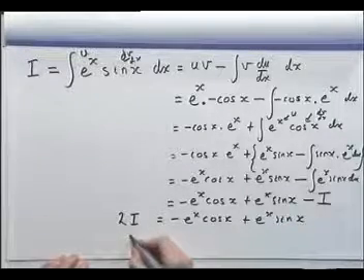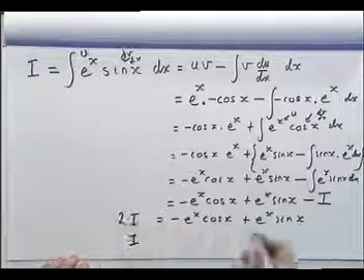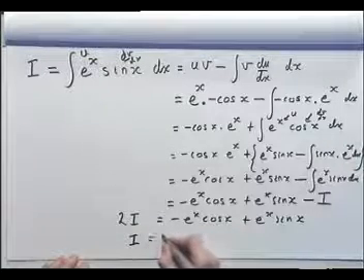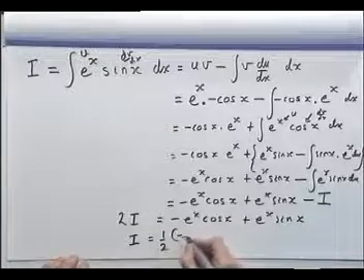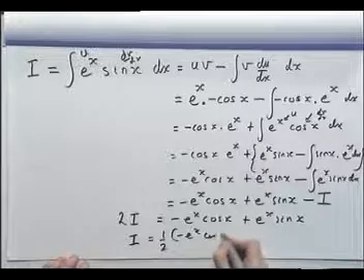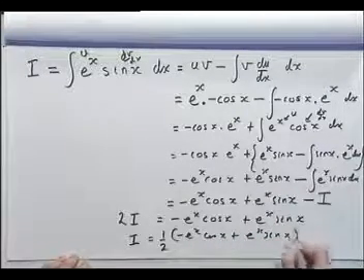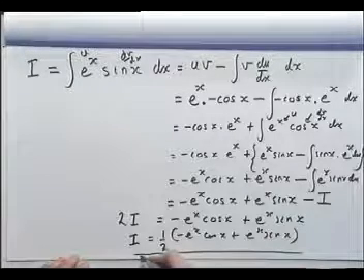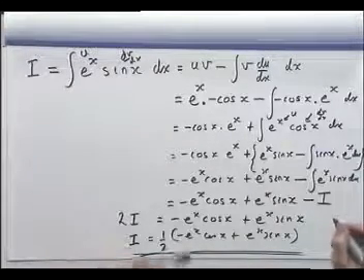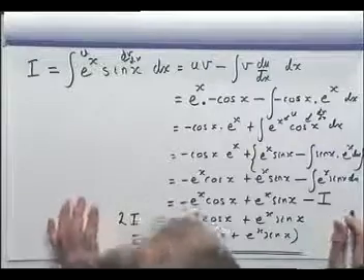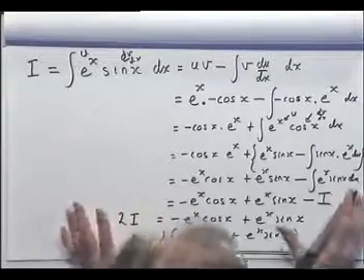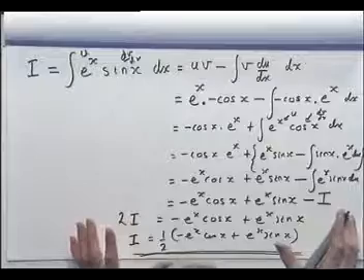And now I can divide both sides by 2, I equals one half of minus e to the x cos x plus e to the x sine x. And so I found my integral. Rather remarkably, I found it without actually, apparently, integrating it at all. It came out of solving an equation.